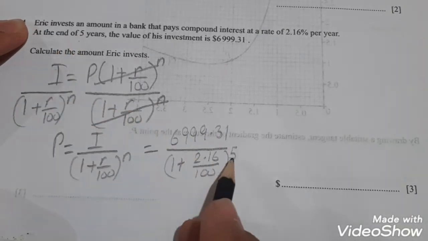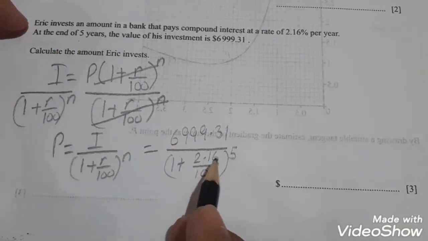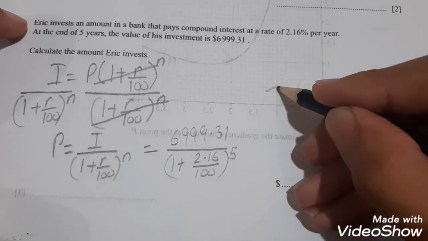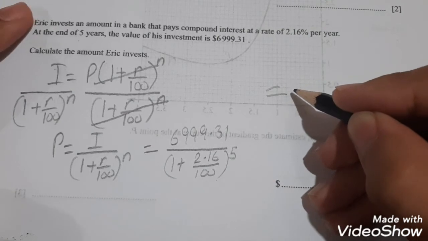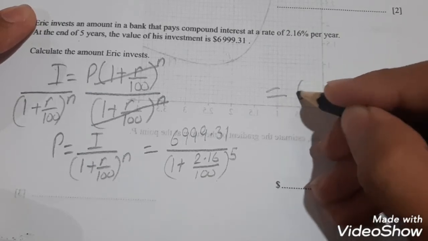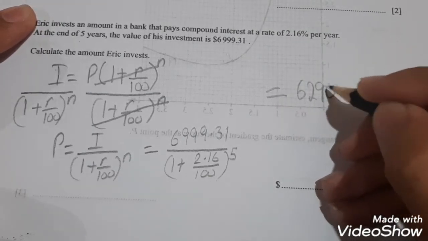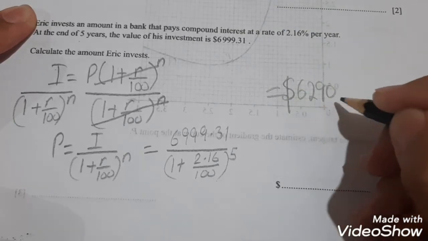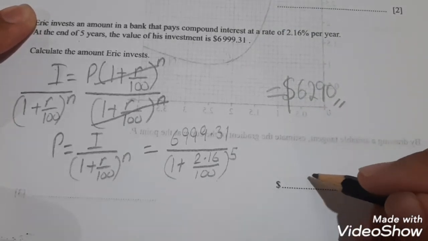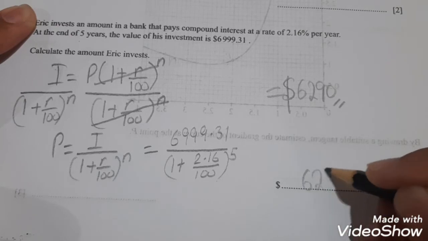So we'll use our calculator to calculate the amount that Eric invests, which is $6,290. So this is the amount that Eric invested in his bank, and so we write it as our final answer.